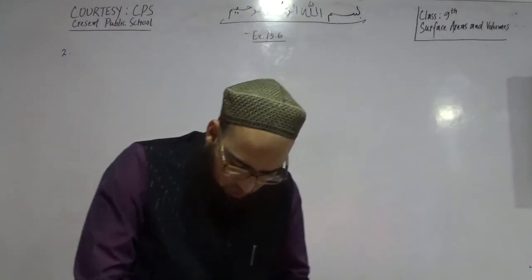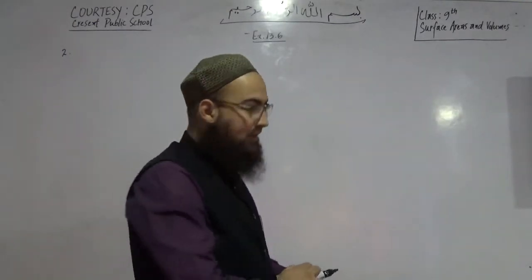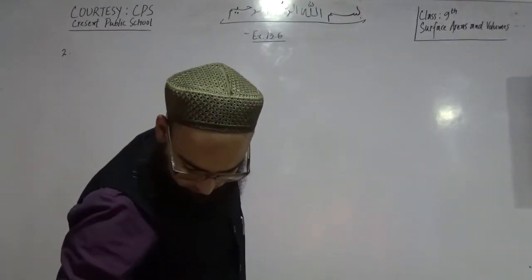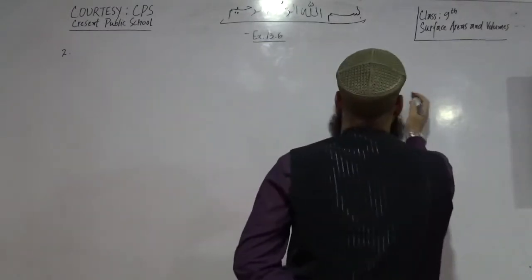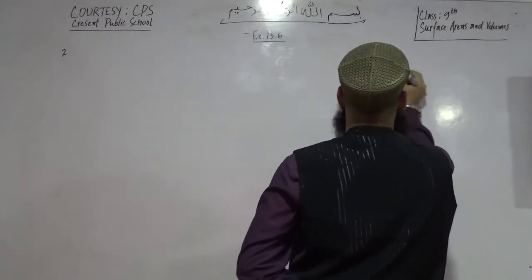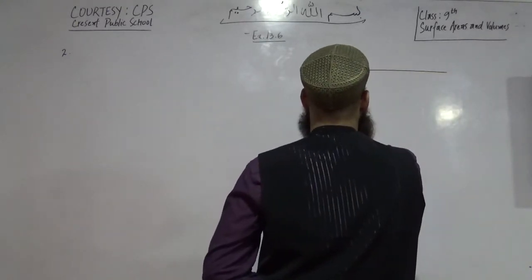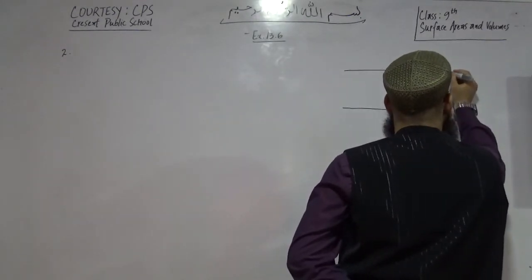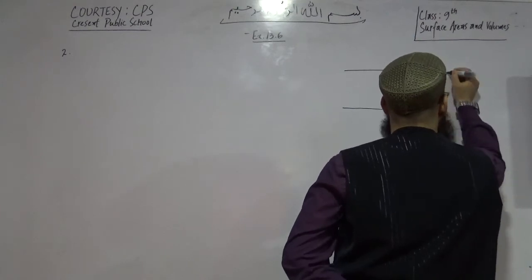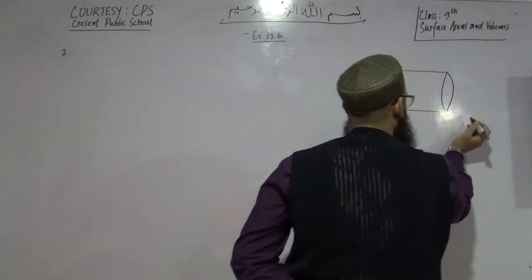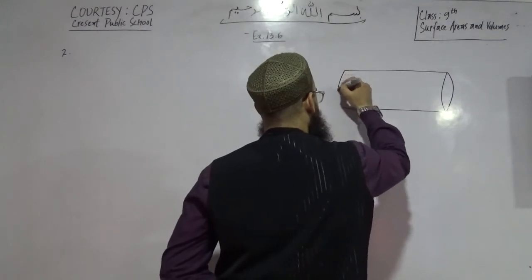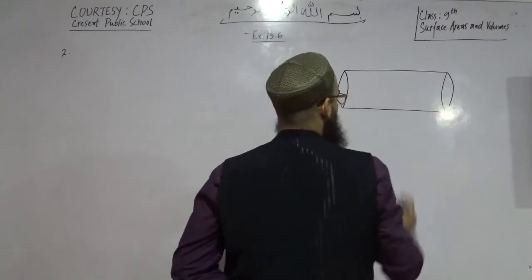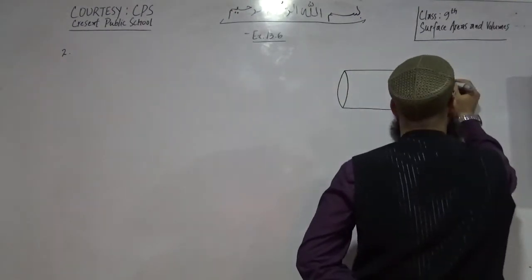So, inner diameter of a cylindrical wooden pipe. We have a wooden pipe like this. This is a wooden pipe.